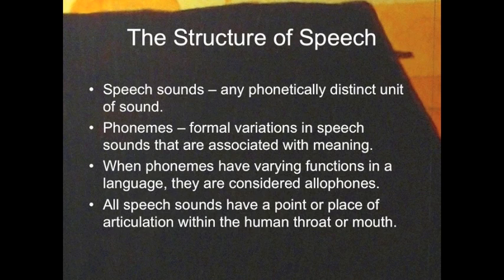Then finally, all speech sounds have a point or place of articulation within the human throat or mouth. And your author will provide you with a series of diagrams having to do with these points of articulation. I'll go over 3 out of 5 main groupings, and then in the final slide of this presentation I have a chart that will take you through the common speech sounds of American Standard English and the point or place where they're being articulated in the overall physiology of language.